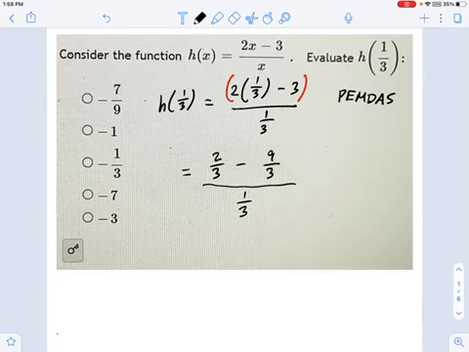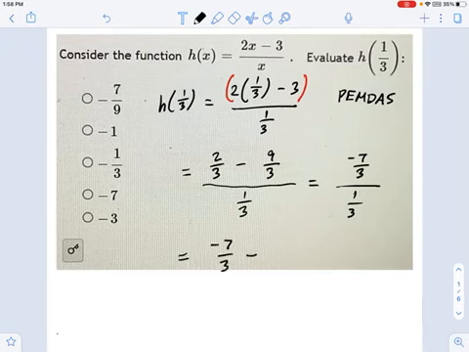So I have 9/3 on the right, and now let's sort through what we get. 2 minus 9 is negative 7/3, and it's all divided by 1/3. Okay, so at least now it's just one fraction divided by another fraction, and I know how to do that. I'm just going to turn it into something with a nice old-fashioned division symbol in it.